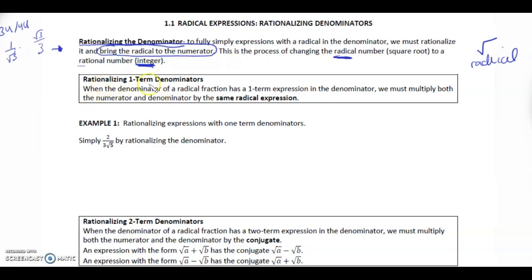Okay, so rationalizing one-term denominators. This is the easy one, okay? When the denominator of a radical fraction has a one-term expression in the denominator, we must multiply both the numerator and the denominator by the same radical expression.